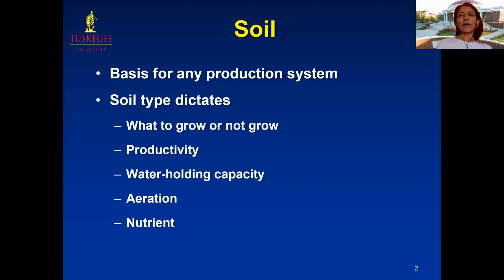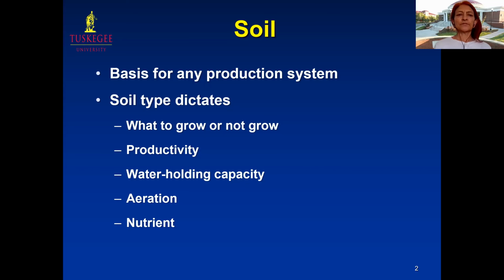So before I show you creating the map, let me just share with you a couple of basic pieces of information about the soil. As you know, soil is the basis for any production system. And soil type dictates what to grow or not grow in your pasture or other agricultural land.